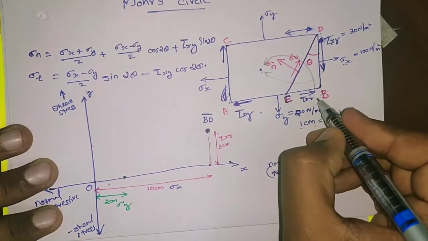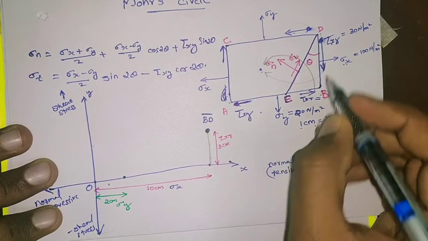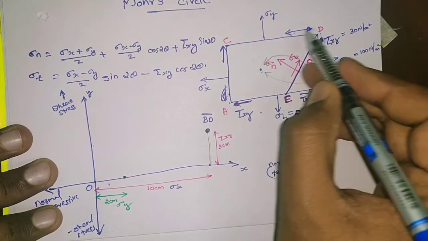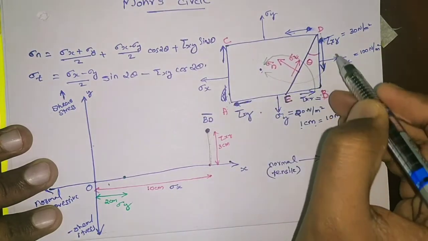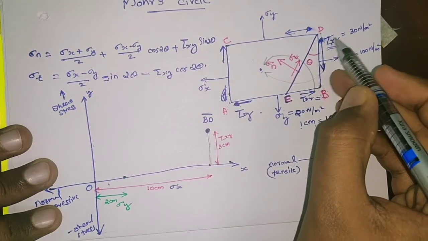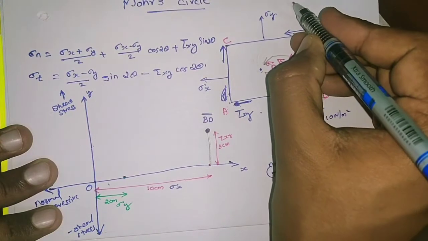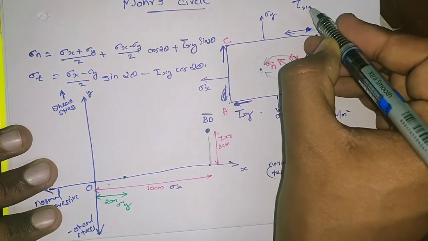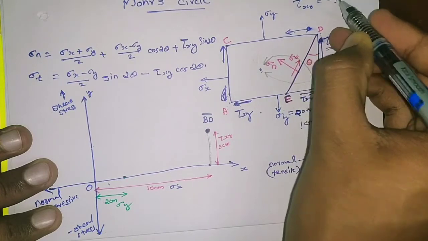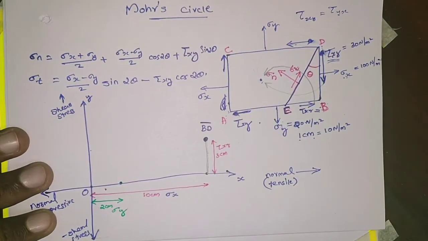In a plane stress condition, all four faces are subjected to the same shear stress, tau xy. We already discussed the equality of cross shear, tau xy equal to tau yx. Cross shears are equal.